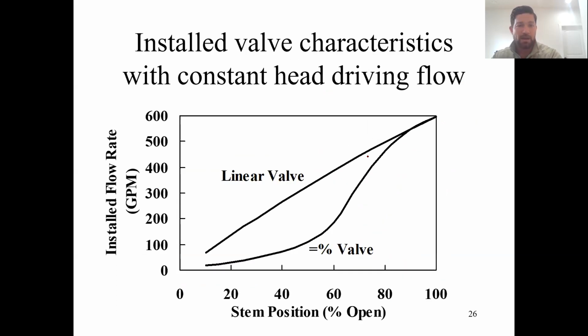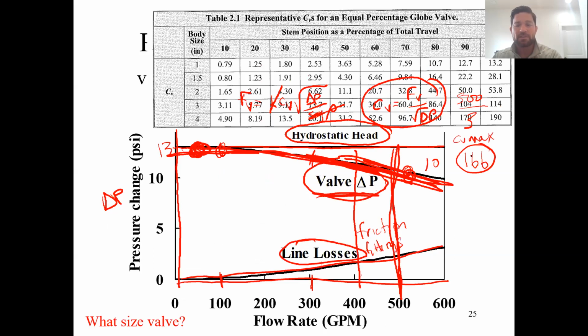Okay, so again, we calculated CV max. I'll point out though that we also can calculate CV for the different flow rates, right? So we have the flow rate, we have delta P, and we can calculate CV.